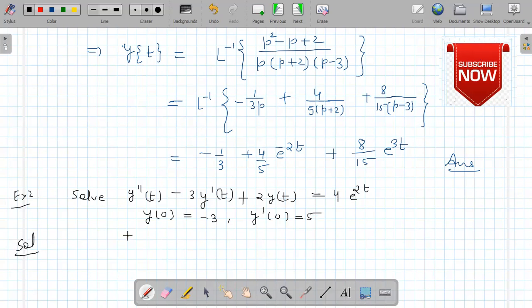Solution. So we'll take the Laplace transform again of this equation.